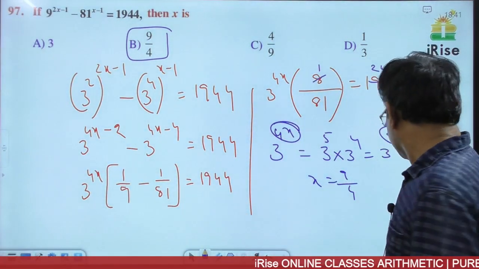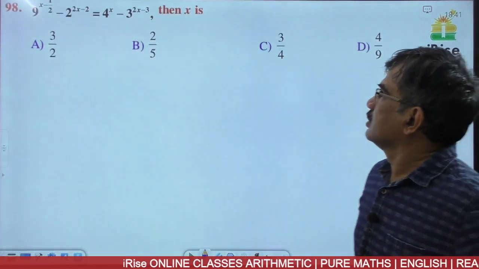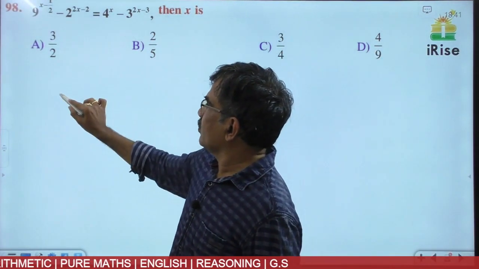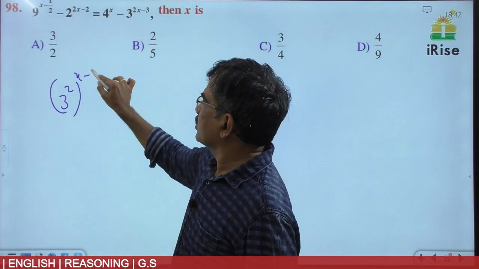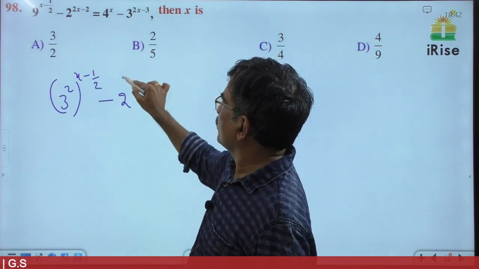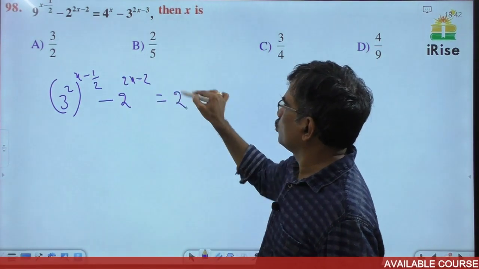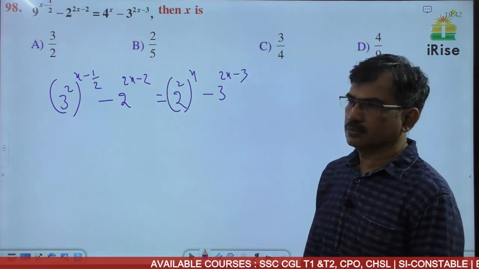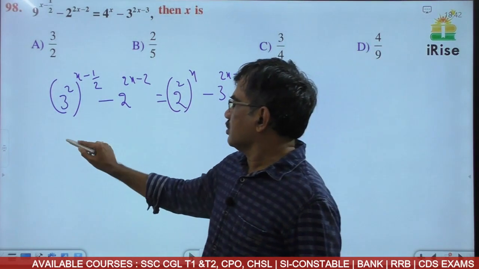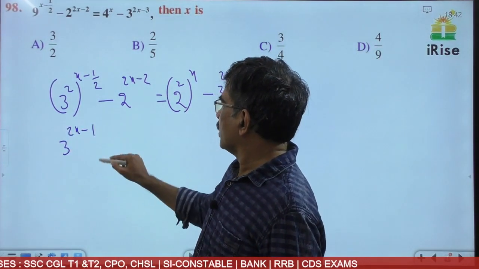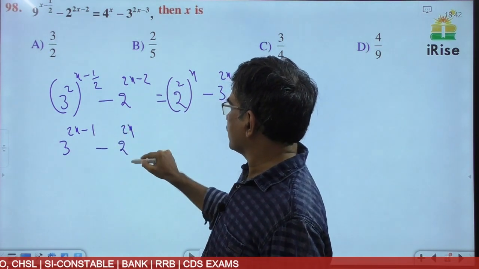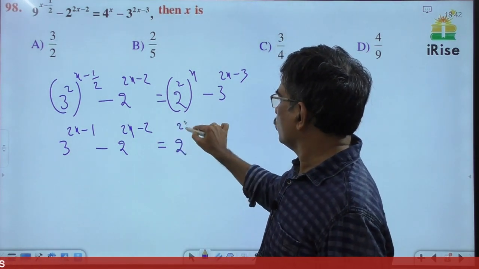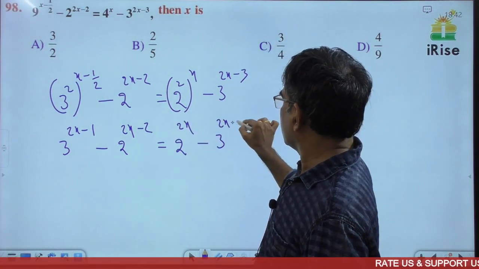Next one. This is also the same as this one. Equate the powers. 9 power x minus half can be written as 3 square power x minus half, minus 2 power 2x minus 2, equals 2 square power x... 3 power 2x minus 3. This can be written as 3 power 2x minus 1 minus 2 power 2x minus 2 equals 2 power 2x minus 3 power 2x minus 3.